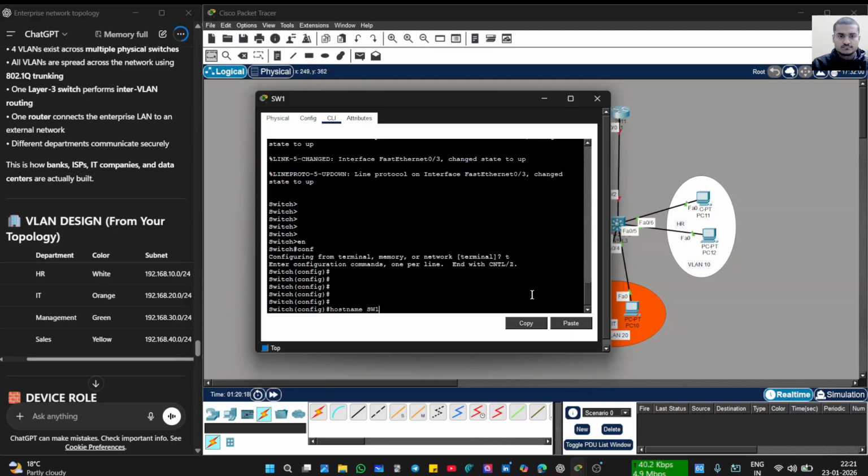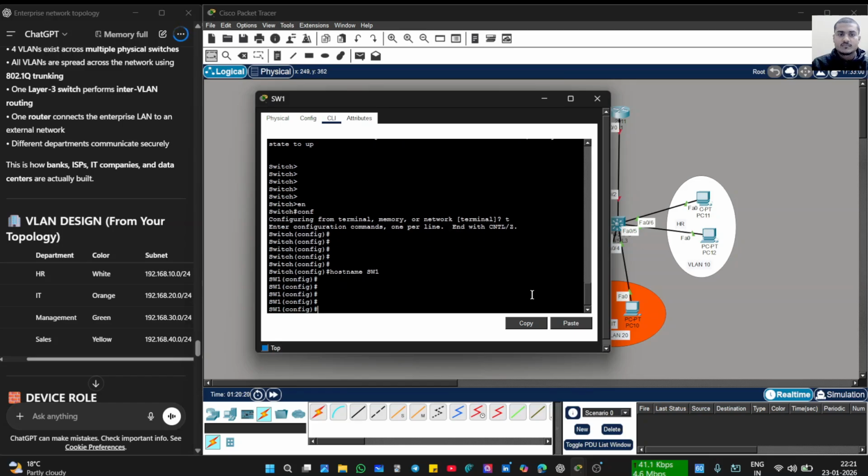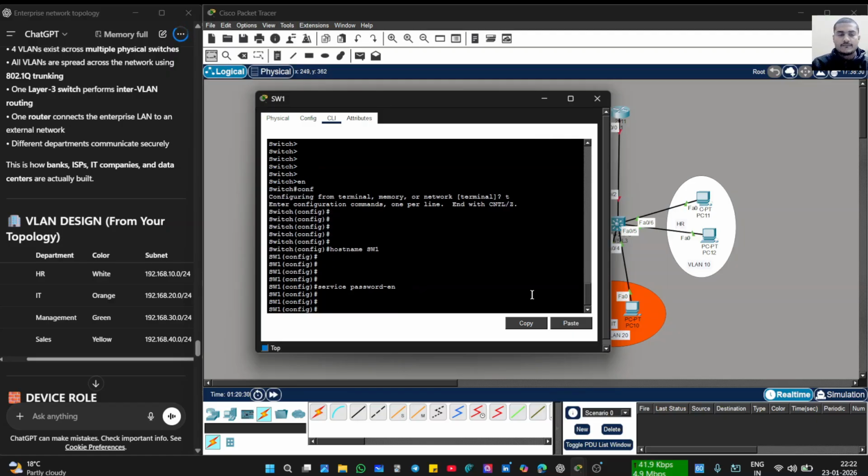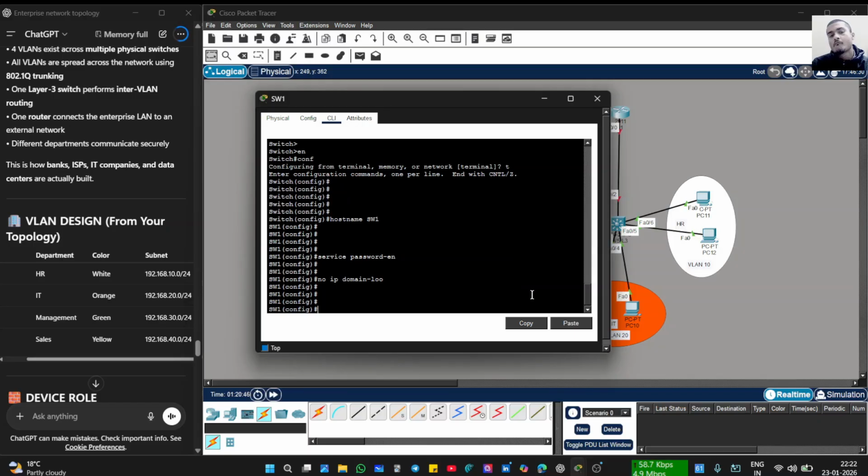Switch 1, then service password-encryption, that's done. No ip domain-lookup.